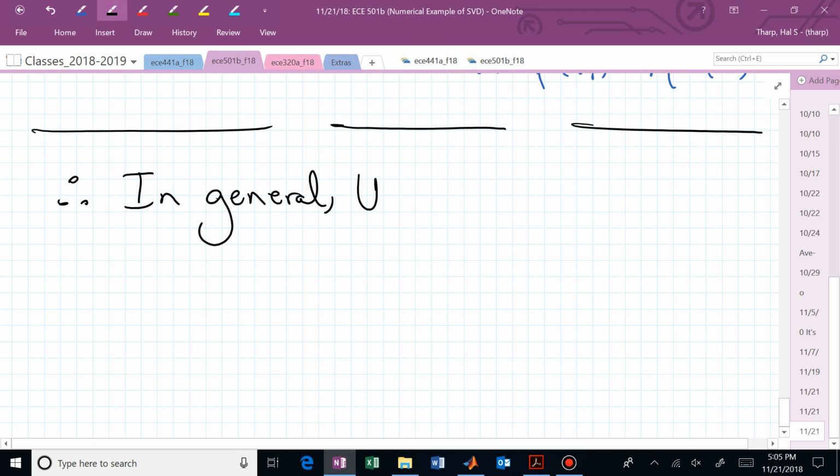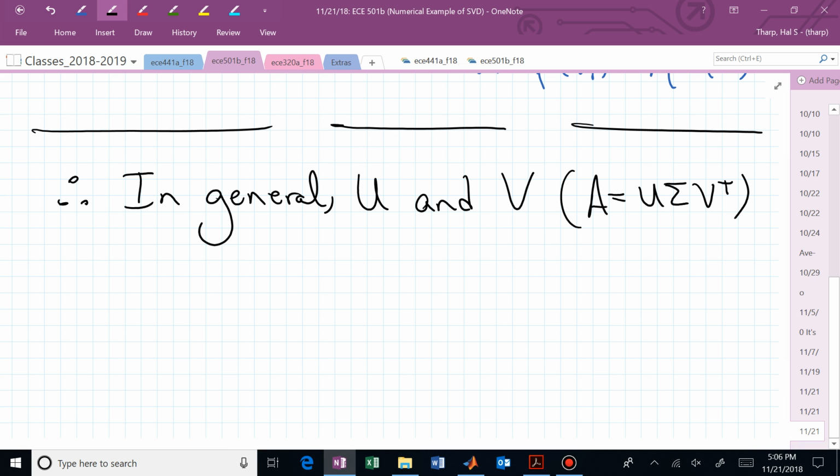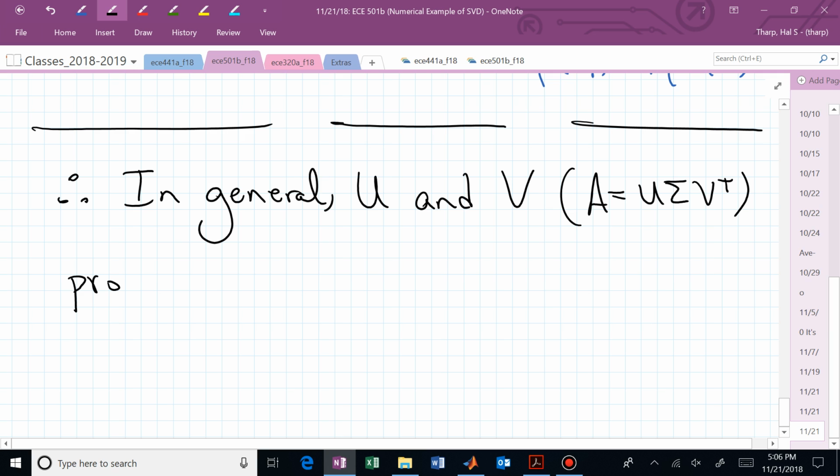Therefore, in general, these basis vectors coming to us from this singular value decomposition of a generic matrix T, which we've now defined as U and V, where A is equal to U sigma V transpose, are not the same in general. We have basis vectors in U and we have basis vectors in V. They may not even be of the same dimension if our A matrix is rectangular.